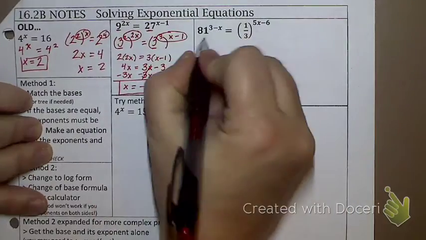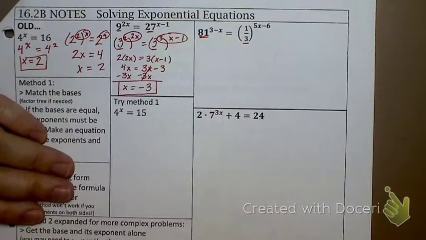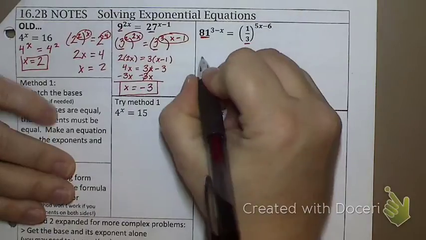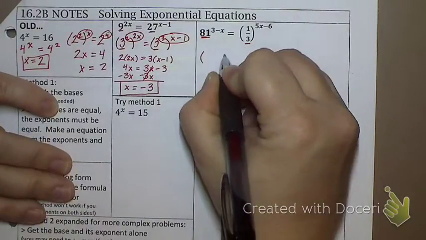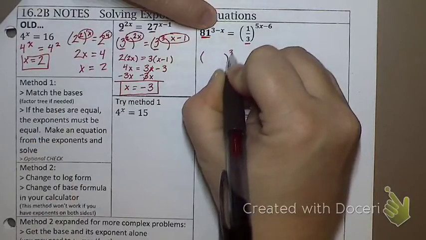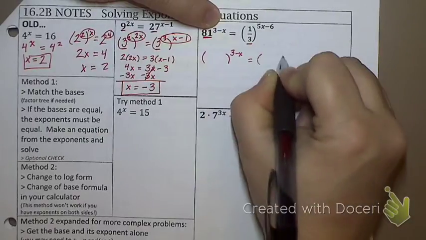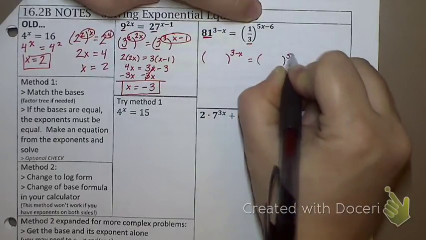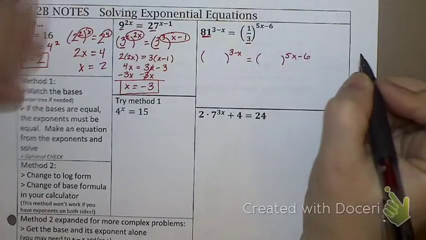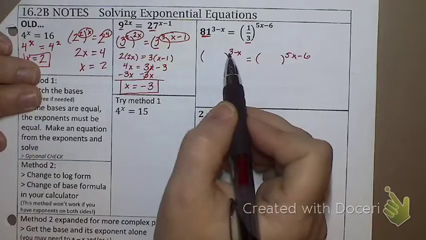Can this problem be done the same way? Can 81 and 1/3 both be written as a power with the same base? What base would that be? So I'm going to take a minute. Before I fill in that base, I'm going to say 81 to the 3 minus x, I just took out the 81, equals something to the 5x minus 6, because those exponents have to stay. What number am I going to use as my base? 3.